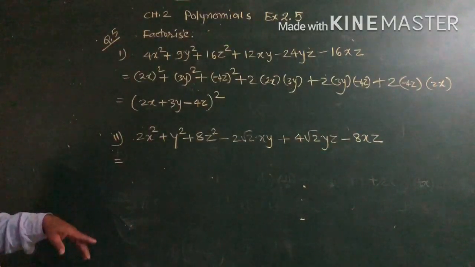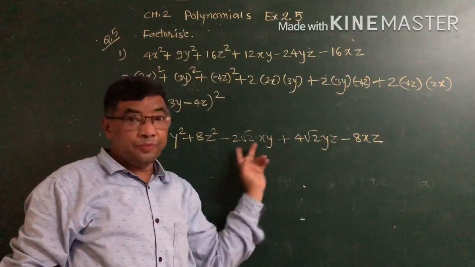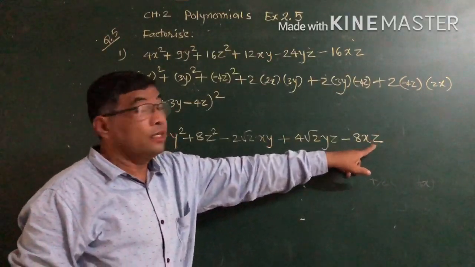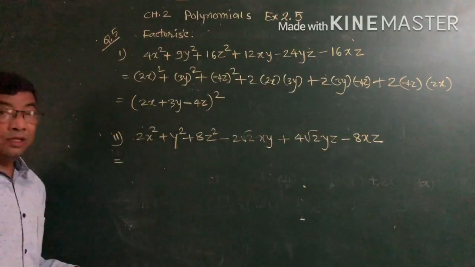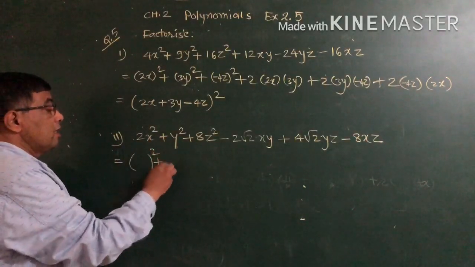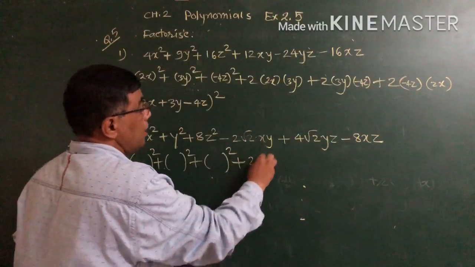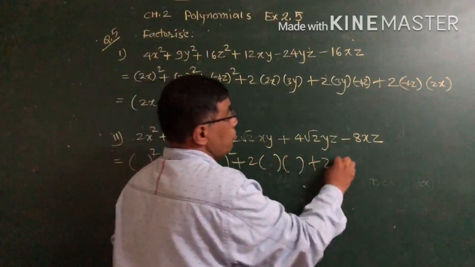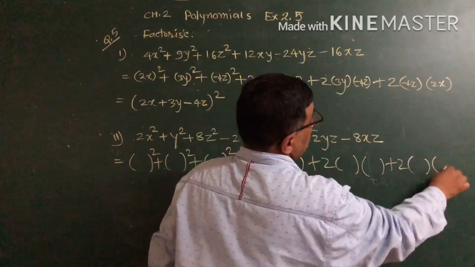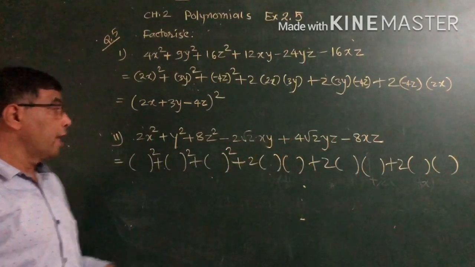Similarly here also first of all you check one or two terms are negative. Out of those 2 terms xy is here, xz is here. So x is the common here and so we write x term as a negative. So we have to arrange into a plus b plus c whole square, a square plus b square plus c square plus 2ab plus 2bc and plus 2ca. Out of that, now we know that x term is negative.